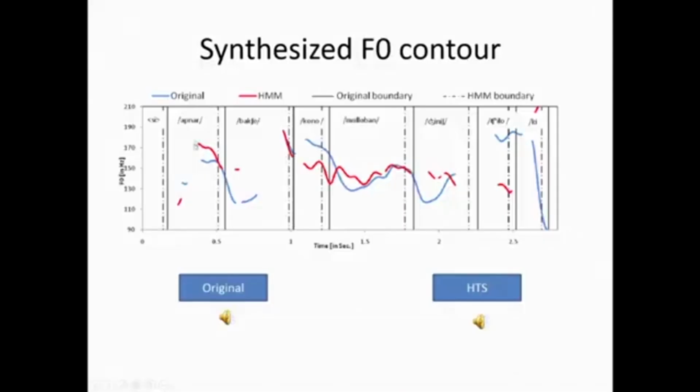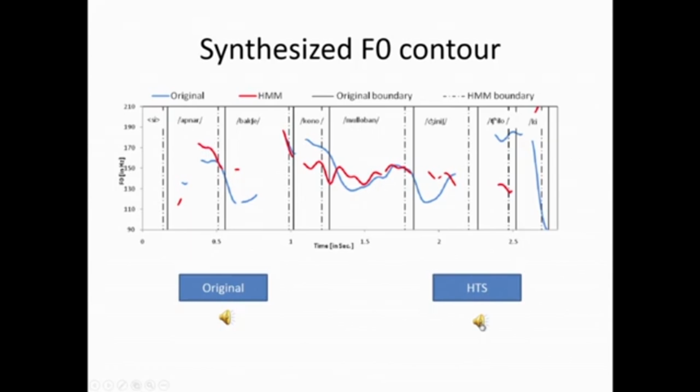The red line is the F0 contour of that synthesized sentence. The solid line is the original boundary, and the dotted line is the HMM-picked word boundary. Those are the word boundaries. I am not showing the phoneme alignment here. Listen to the original speech: "আপনার বাক্সে কোনো মূল্যবান জিনিস ছিল কি?" Now the sentence generated by HTS after training: "আপনার বাক্সে কোনো মূল্যবান জিনিস ছিল কি?"